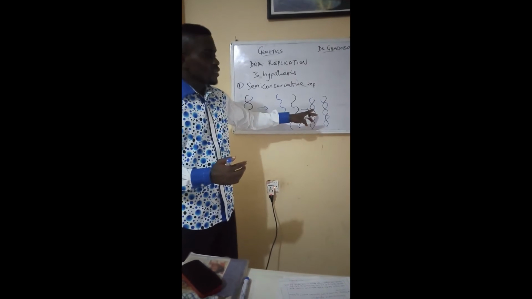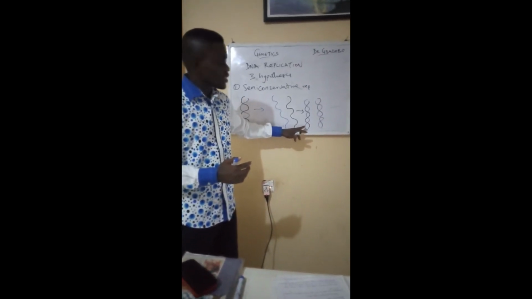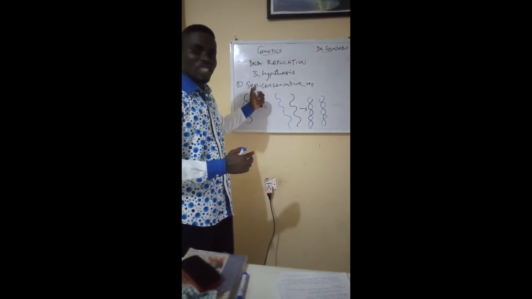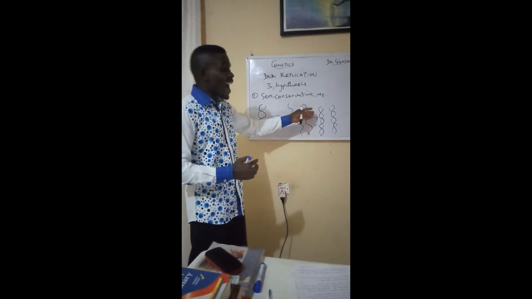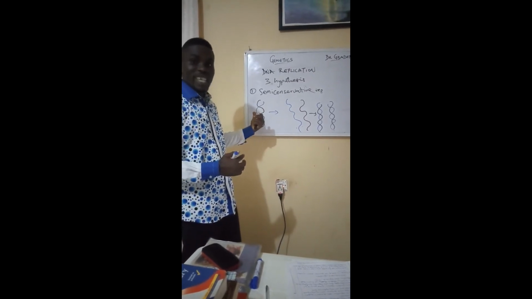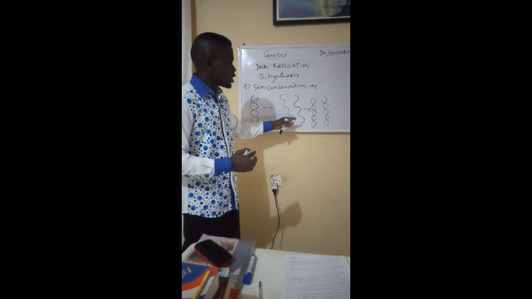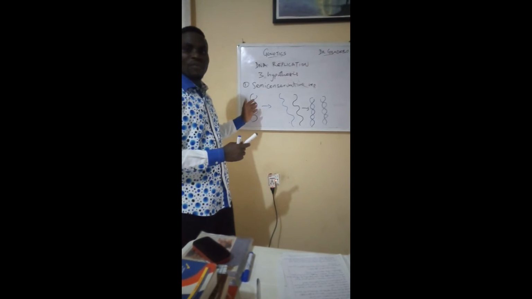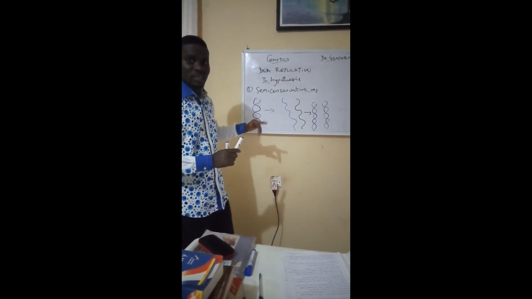Thus, the daughter DNA that is produced looks like the original DNA. Each of these template strands conserves half of the original DNA strand.